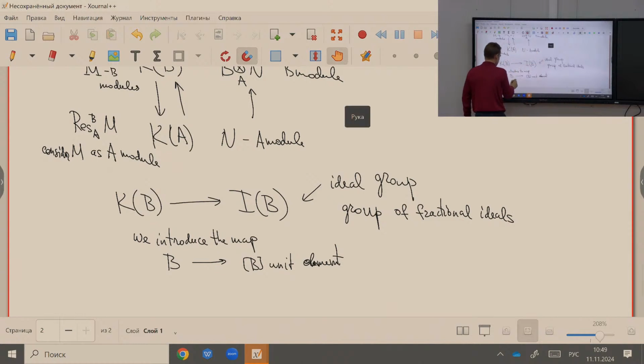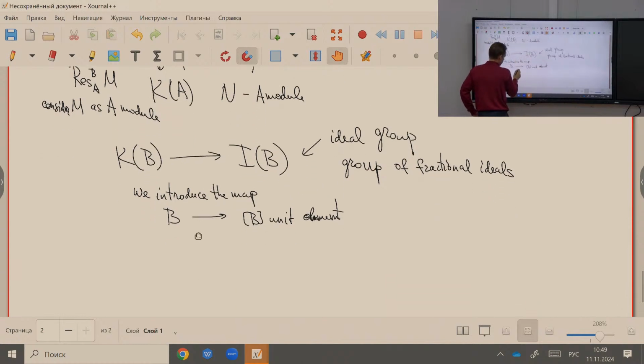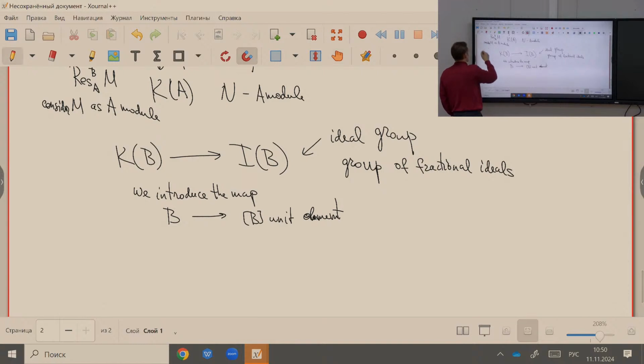So this means that if you want to have an arbitrary module, then you can take a presentation of it.